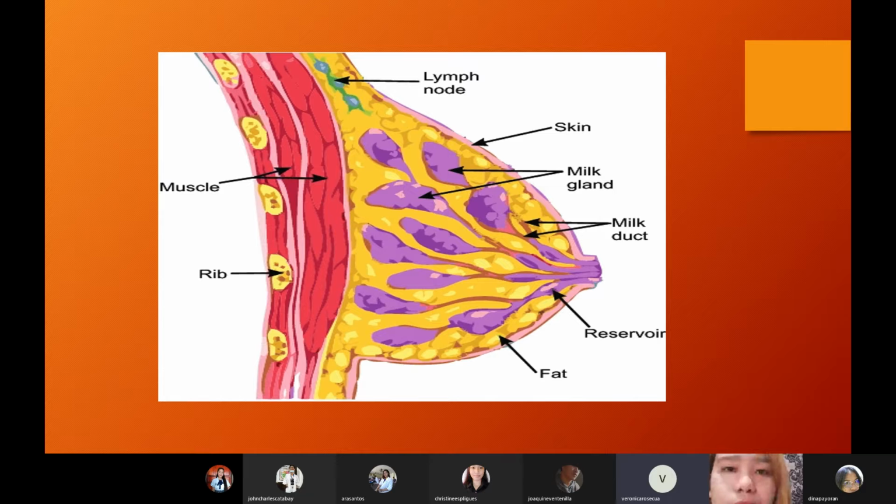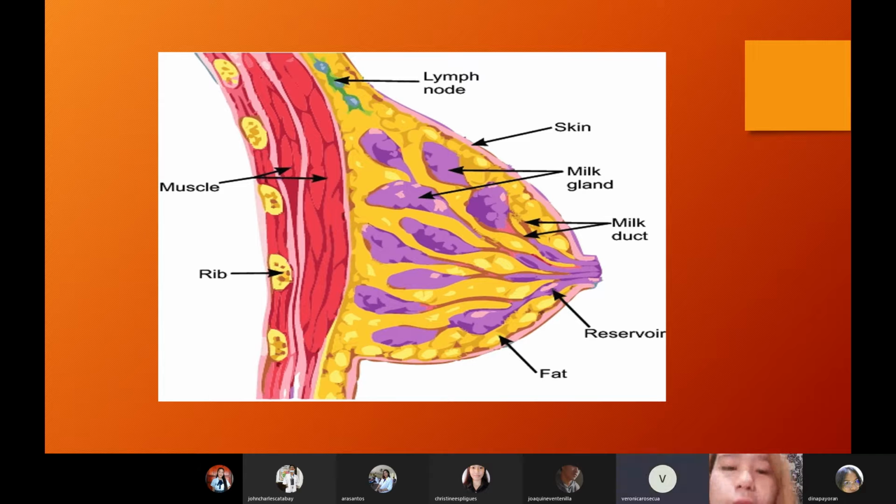Wait, ma'am. Wala po ako makita sa share screen. Okay, wait lang. It is a structure of the breast, ma'am.